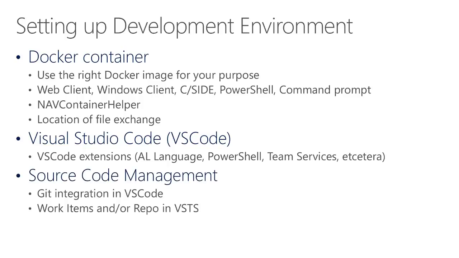Source code management, I've mentioned this before. Git is integrated in VS Code. You can also add an extension for Visual Studio Code for Team Services, for instance, or any other type of ticketing system. There are a number of extensions for a number of different systems. I like to use VSTS because I'm used to it. We use Git repos in VSTS for work items and for linking check-ins and commits to work items.